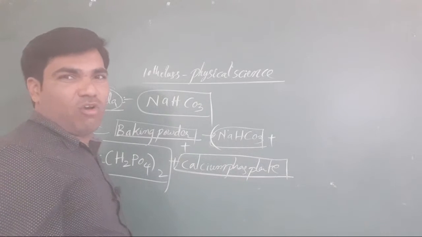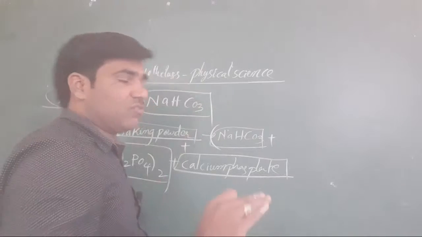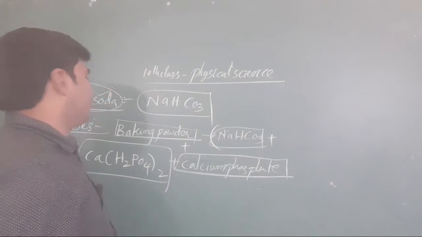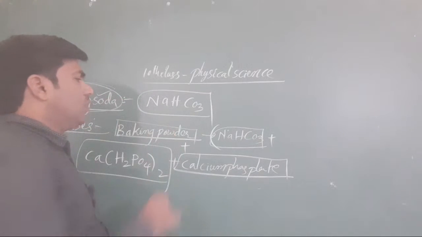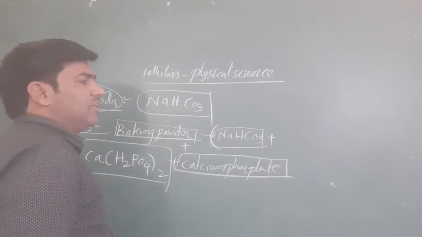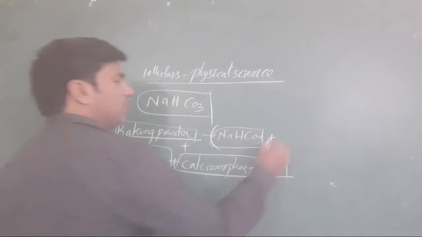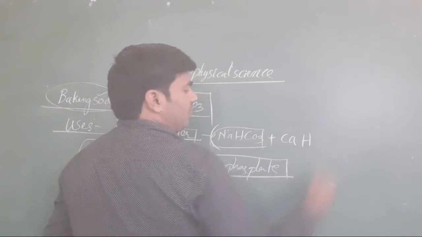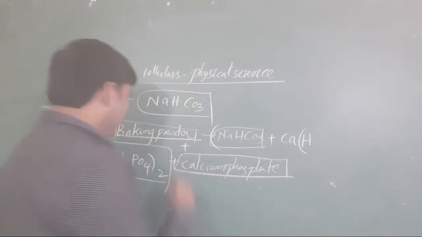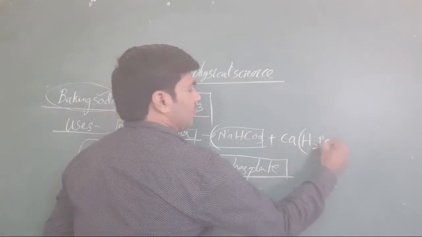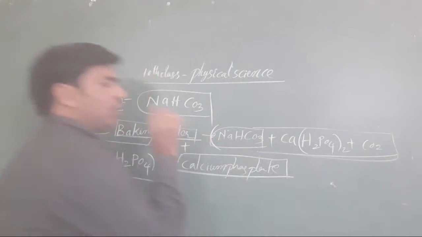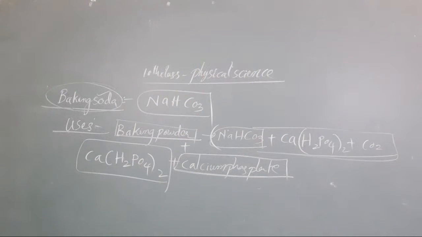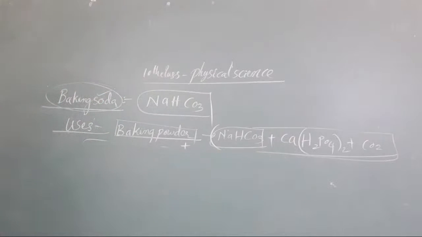Baking soda is totally different from baking powder. Okay, clear or not, all of you? Baking powder contains three components: sodium hydrogen carbonate, calcium phosphate, and CO2. This combination is called baking powder. Very important.